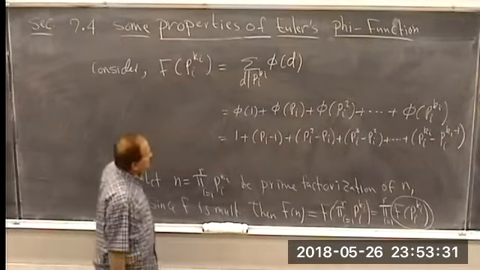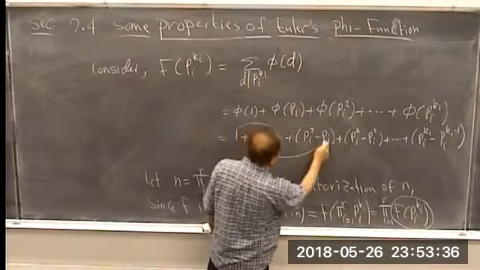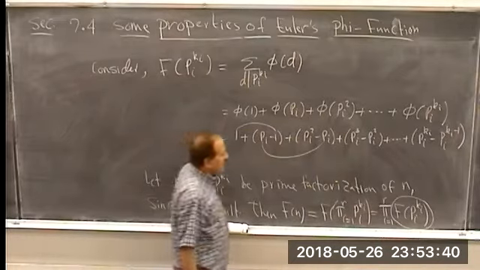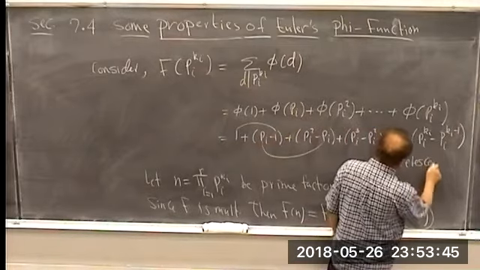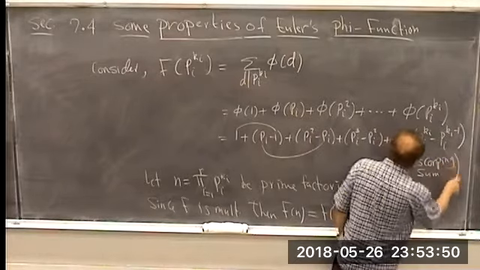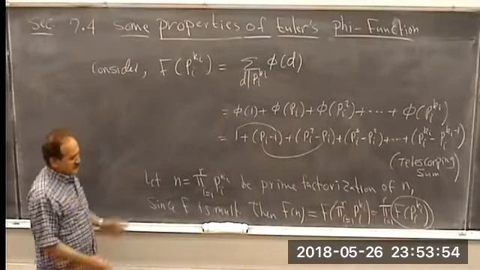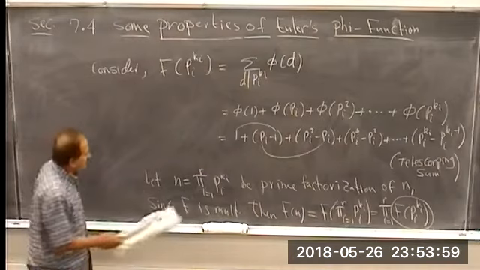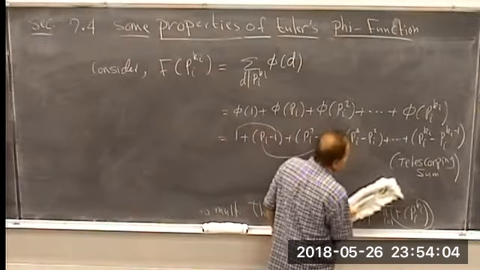Now you notice that the 1 and negative 1 cancel out, and the p_i and minus p_i cancel out. This kind of sum is called a telescoping sum. Like a telescope, it collapses, and it gives me one term left in this sum, and that is p_i to the k_i.